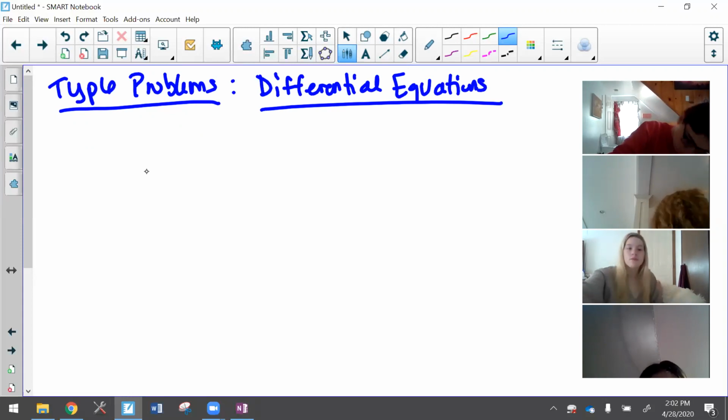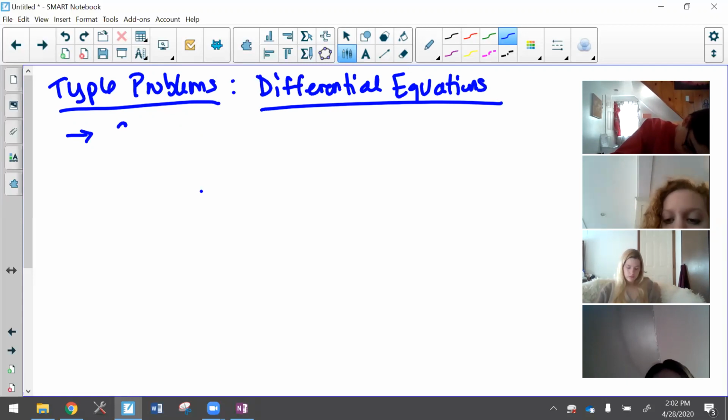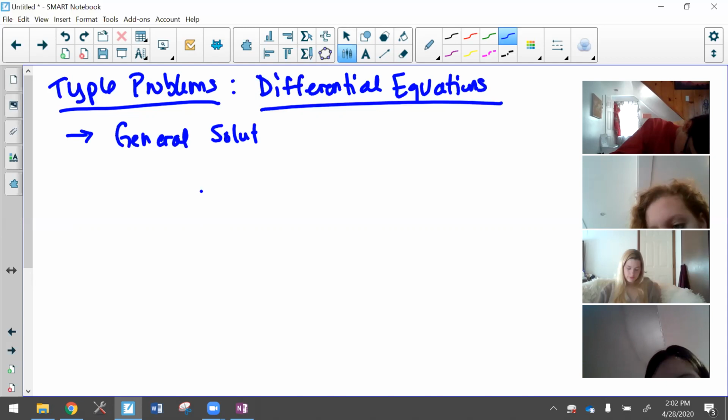So some things that come up here is that you may be asked to find the general solution to a differential equation, and that's the solution that has plus c on it.